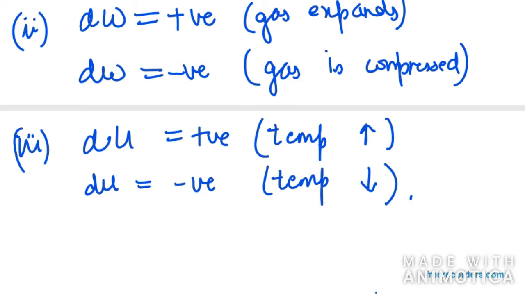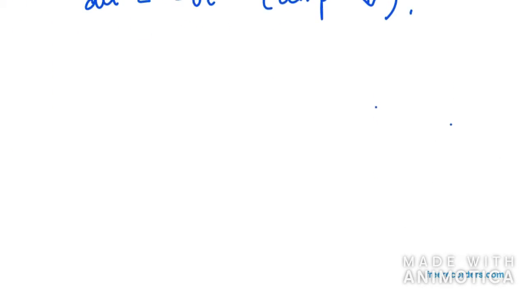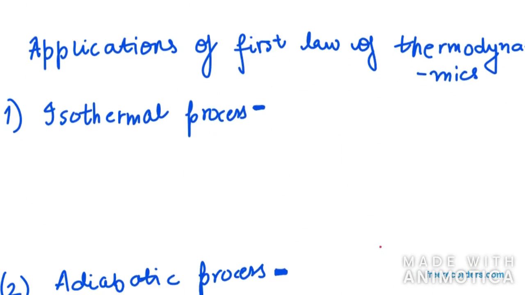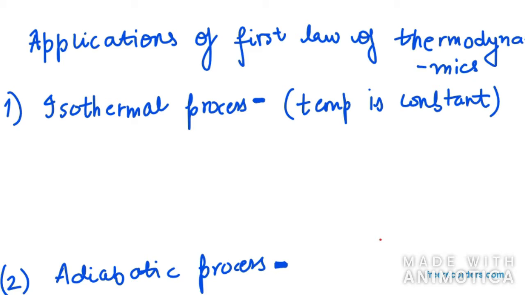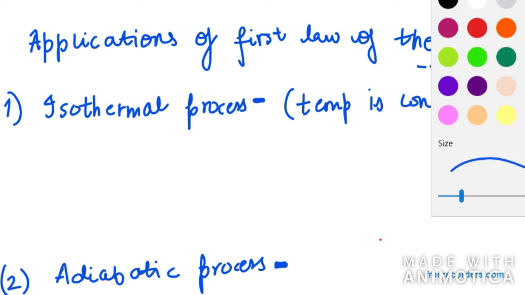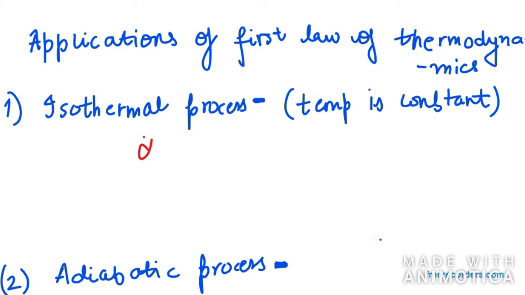Now I am moving on to the applications of the first law of thermodynamics. There are three parts: isothermal process, adiabatic process, and cyclic process. Under the isothermal process, the temperature remains constant. If temperature is constant, that means internal energy will be the same, that is du will be taken as 0.